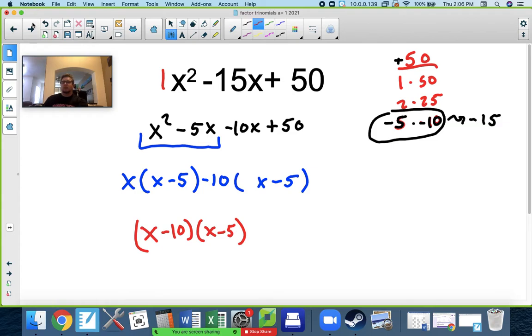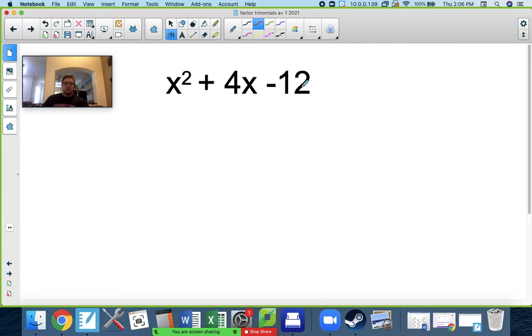All right. Now we have our negative on our C term. So again, we check for greatest common factor. We don't have one, so we're going to take the 1 times the negative 12 and get negative 12. 1 times 12, 2 times 6, 3 times 4. Technically, none of these are actually the factors because I would need like negative 1, negative 2, negative 3.